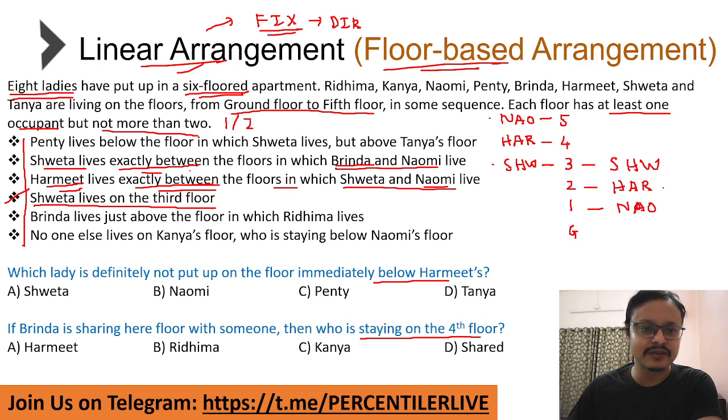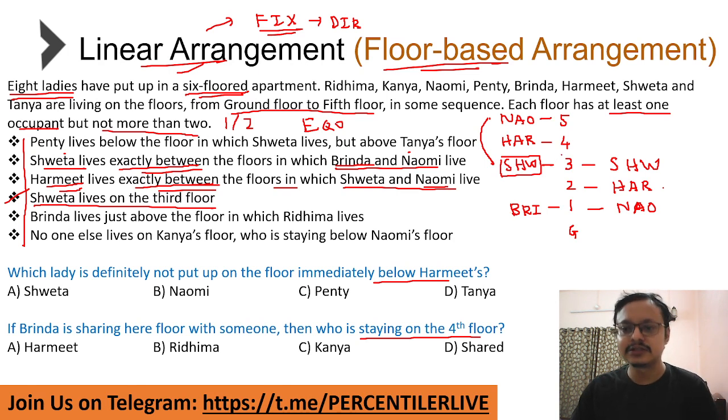Given that Shweta lives exactly between the 2 floors of Brinda and Naomi, the distance from Naomi to Shweta and Shweta to Brinda must be equidistant. So if Naomi is 2 floors above Shweta, then Brinda must be 2 floors below Shweta, such that Shweta is staying exactly in between the floors of Naomi and Brinda.